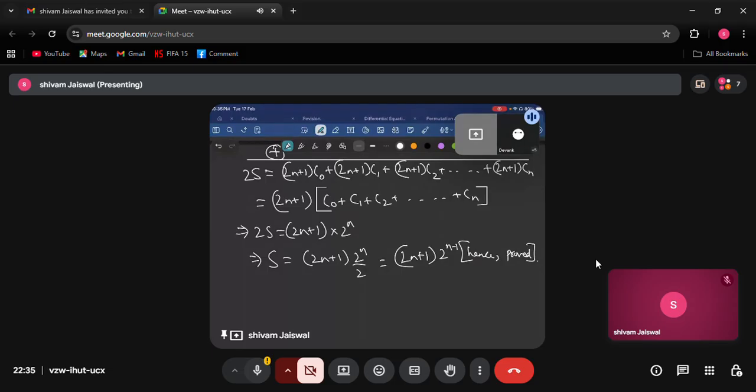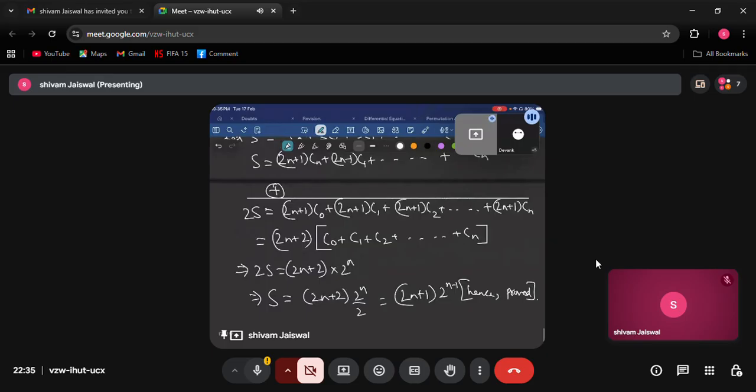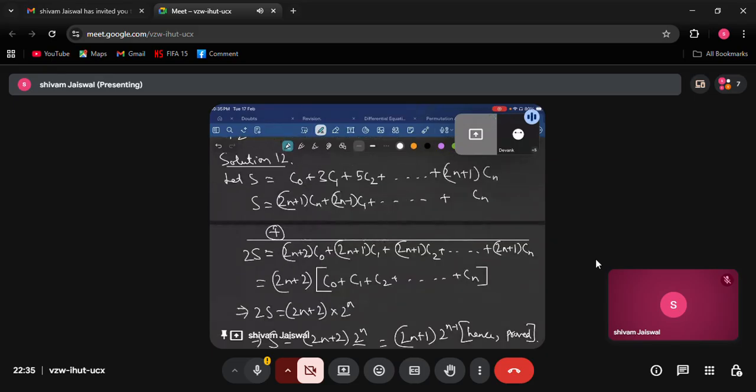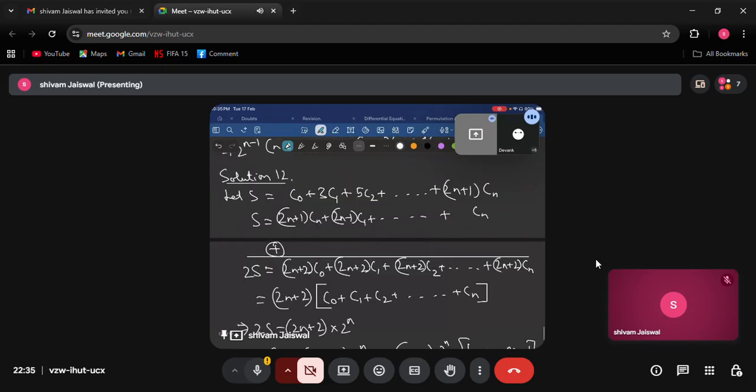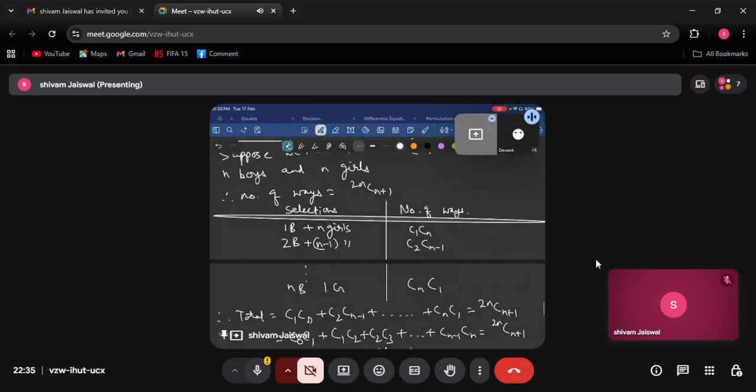Oh, when we add, it will be 2n plus 2, not 2n plus 1. Are you getting it, everyone? It will be 2n plus 2 everywhere. Now it's fine. So when you divide, you are going to get n plus 1 into 2 to the power n. Proved.